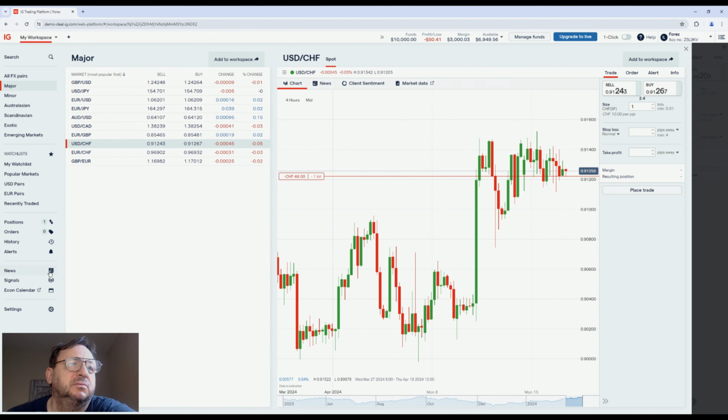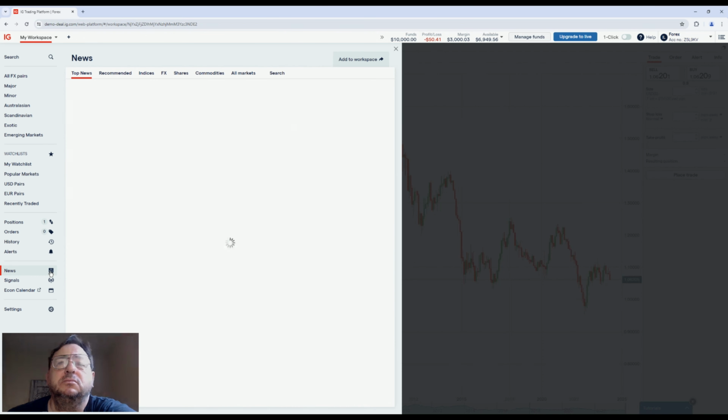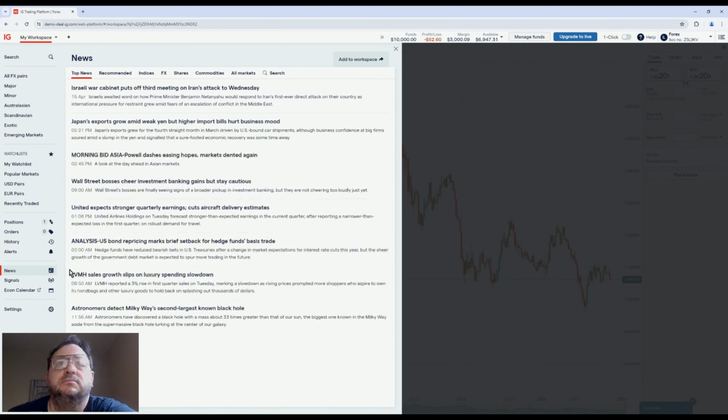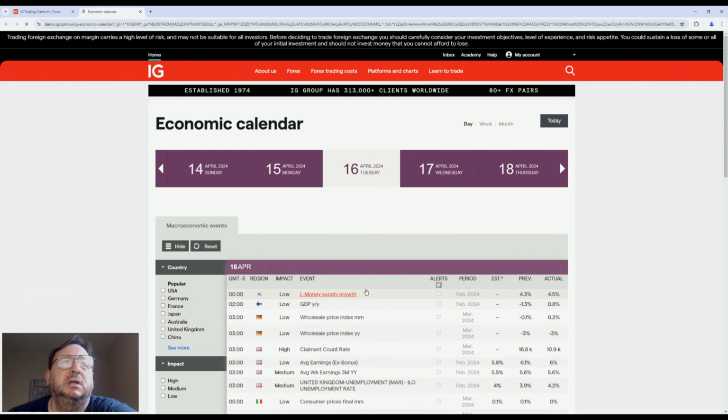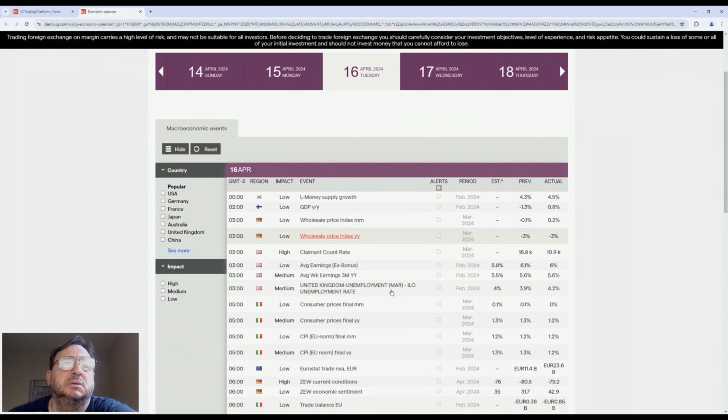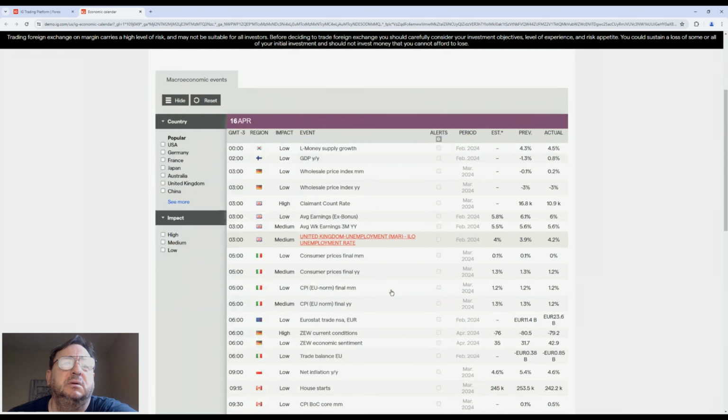Besides that, they use an economic calendar like this. Now you need to, like, see the region.